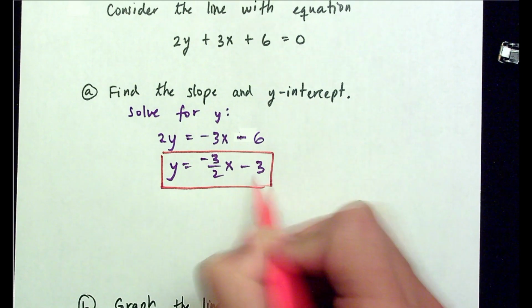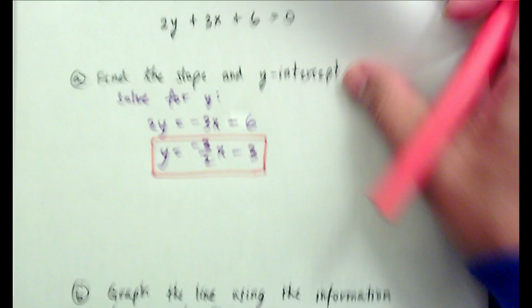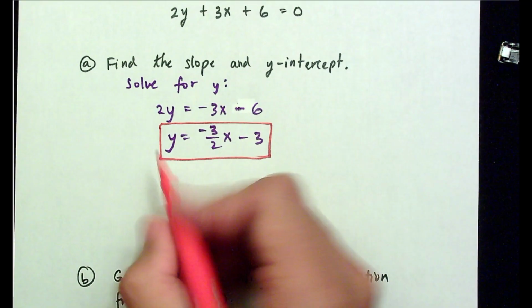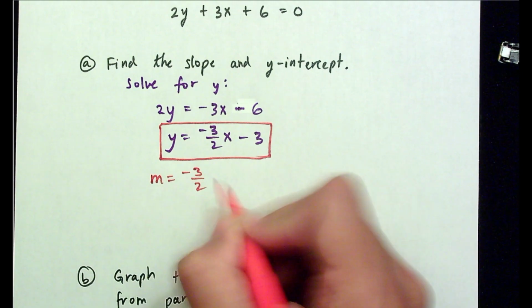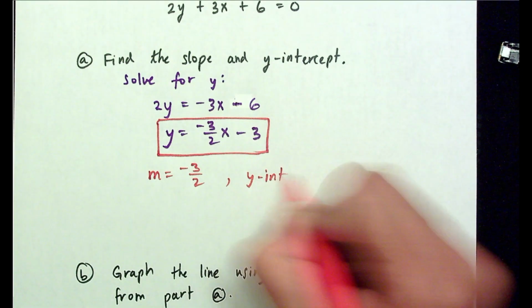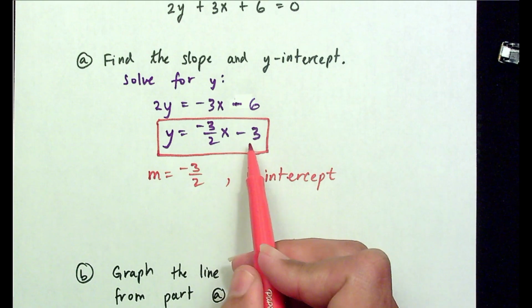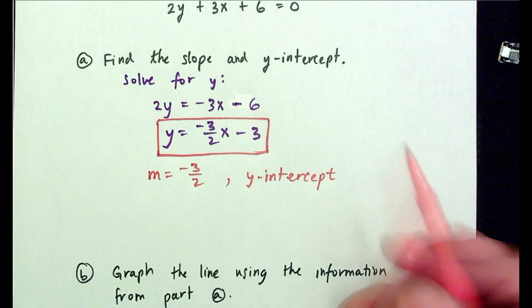From here, we can read off both the slope and the intercept. So the slope would be what is in front of the x. So the slope equals negative 3/2. And the y-intercept would be negative 3, but that would actually be the y-coordinate of the y-intercept.